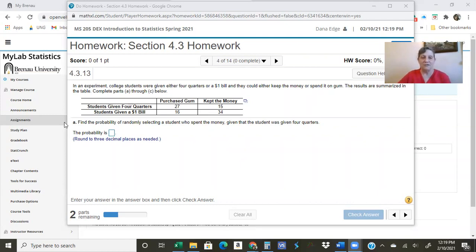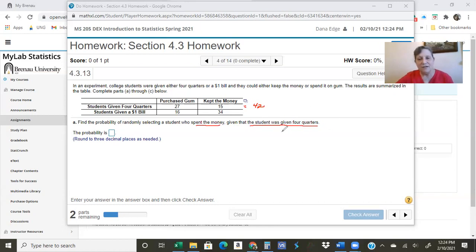So the first thing they want us to do, find the probability of randomly selecting a student who spent the money, given that the student was given 4 quarters. When we want to find the probability that somebody spent the money, given that it was one of the people who were given 4 quarters, we know that only 27 plus 15 is 42 people were given 4 quarters.